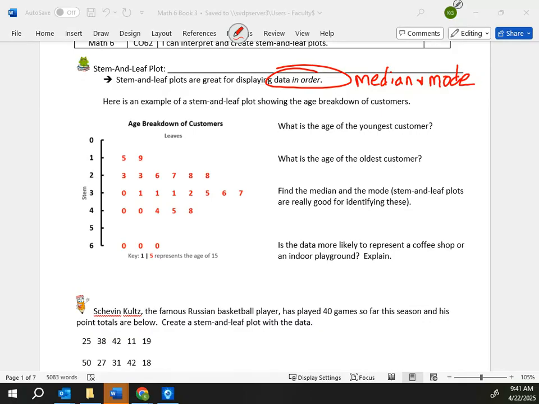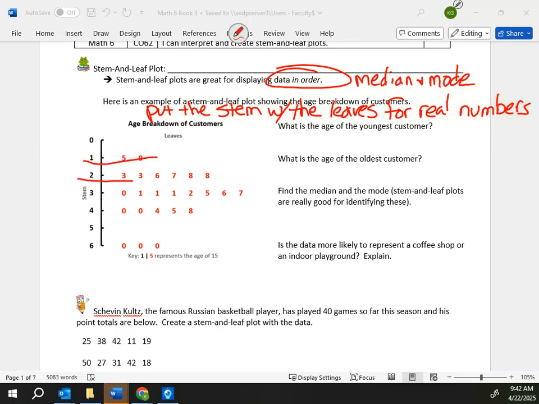Yeah, we need to remember to put the stem with the leaves for the real numbers. So these are all of our teens, these are all of our 20s, these are all of our 30s, these are all of our 40s, all of our 50s, all of our 60s. You have to put the stem with the leaf to read the number.